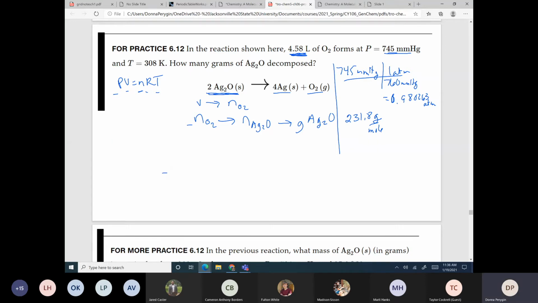So moles of O2, so PV equals nRT, so n is equal to PV over RT, right?